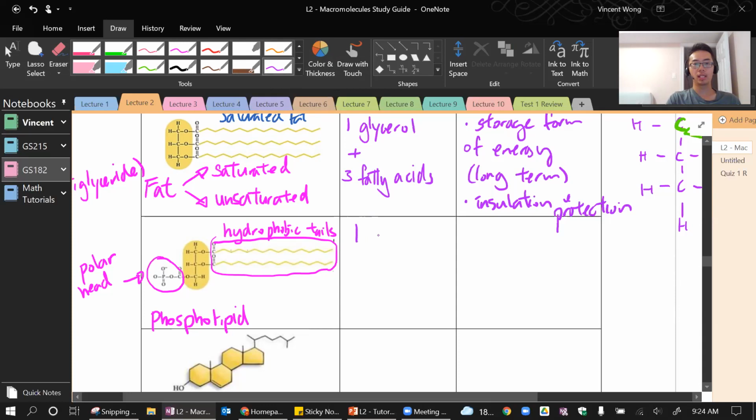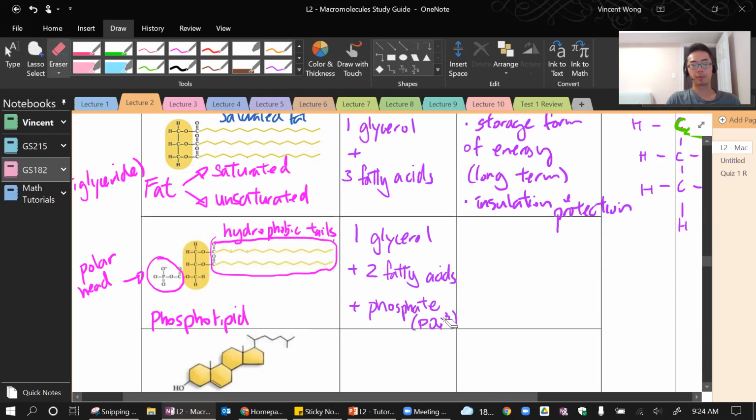So what do you need? Well, we're going to need 1 glycerol, just like the lipid. It's right here, the molecule. We're going to need 2 fatty acids this time instead of 3, and then a third slot that used to be a fatty acid. Now we're going to put a phosphate group on it instead. Phosphate, so PO4 3-.